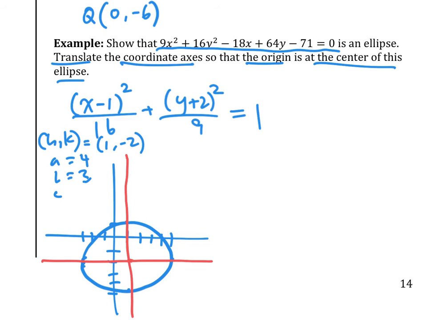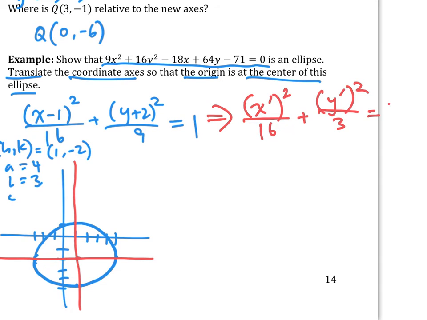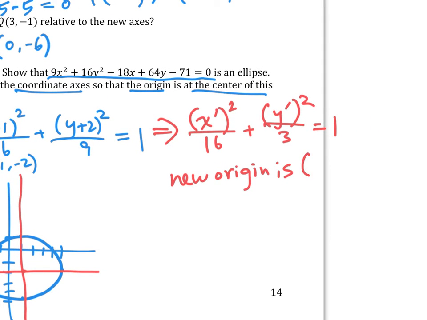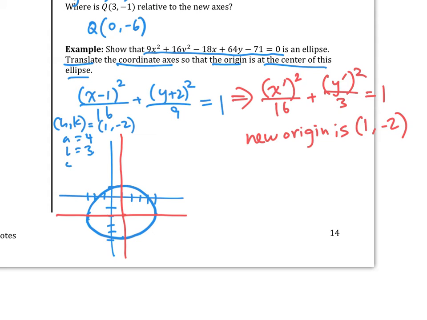If we did that, then the new ellipse is centered at the new origin, therefore there is no translation, right? And then the new origin is (1, -2).